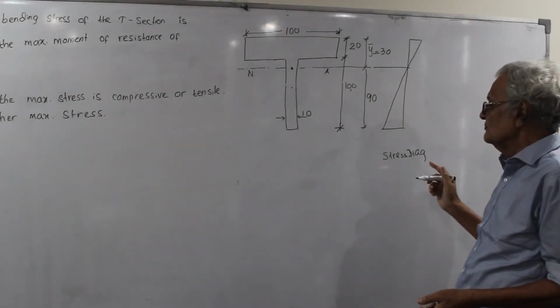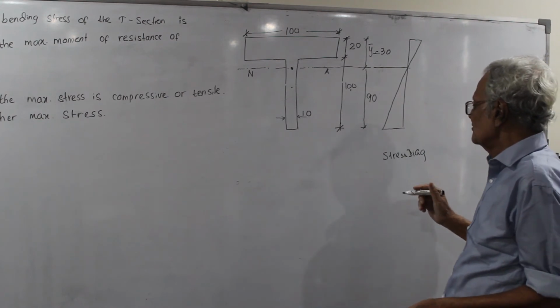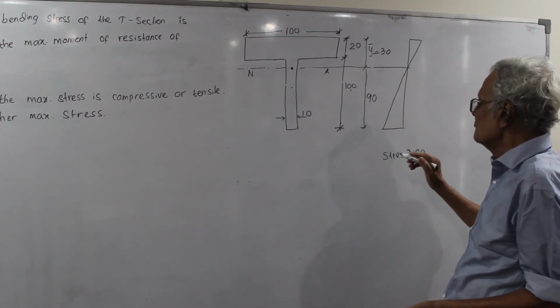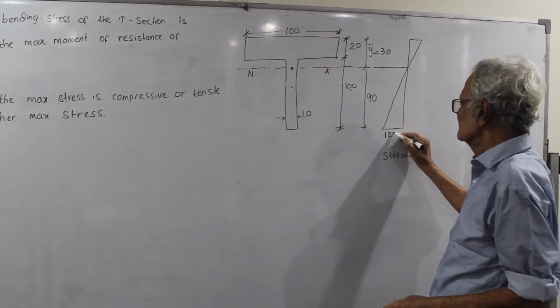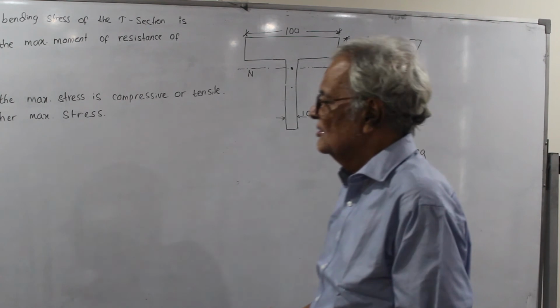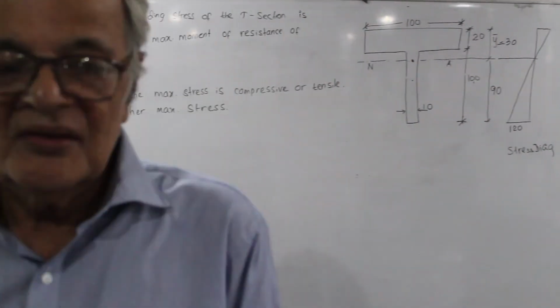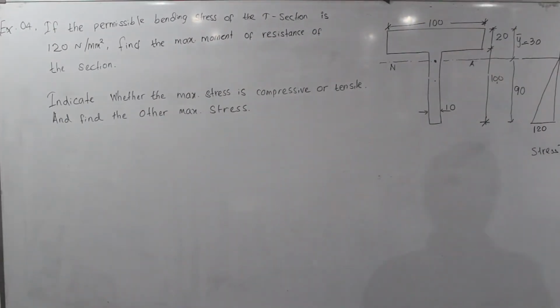In the stress diagram, we see that the maximum stress is at the bottom. So this will become 120. And this is compressive because the beam is a cantilever.